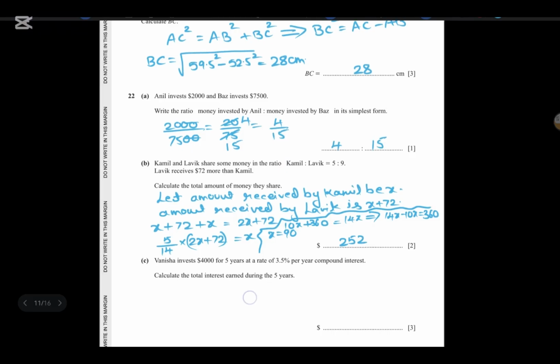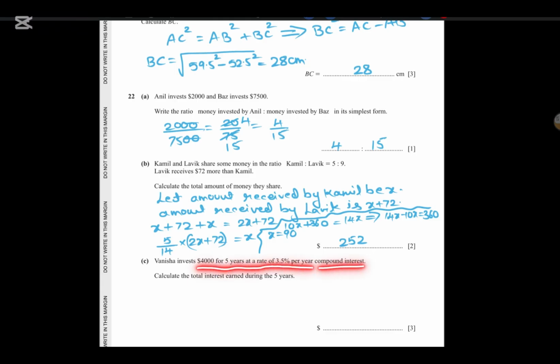Question number C. Vanisha invests 4,000 for 5 years at a rate of 3.5% per annum compound interest. Calculate the total interest earned during the 5 years. So compound interest, find out using the rule of compound interest: Principal into 1 plus rate of interest by 100 raised to 5.